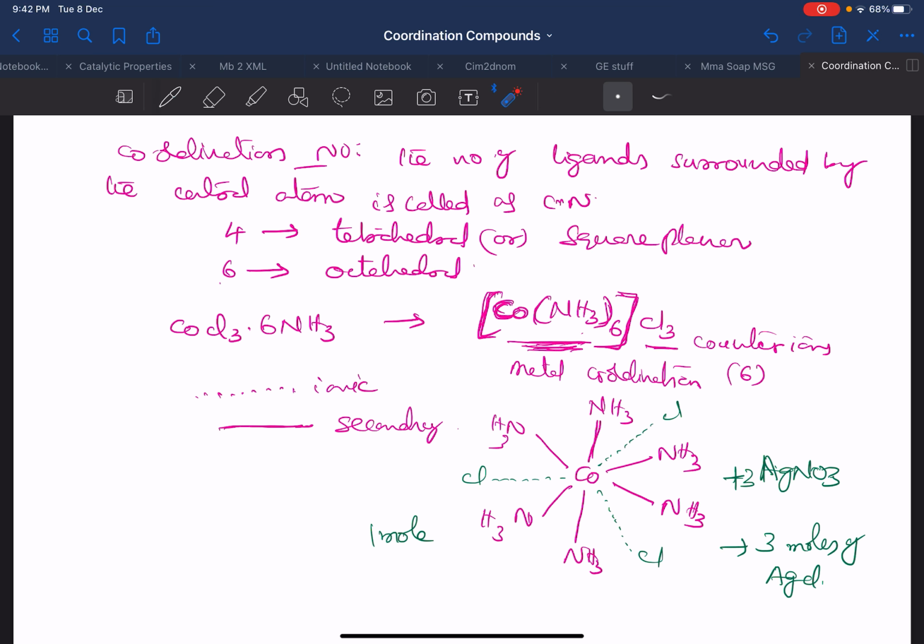Because here there are 3 chloride ions outside the central metal atom, involved in the ionic bond. They will release 3 ions on hydrolysis, so they readily combine with 3 moles of silver nitrate to give 3 moles of AgCl.